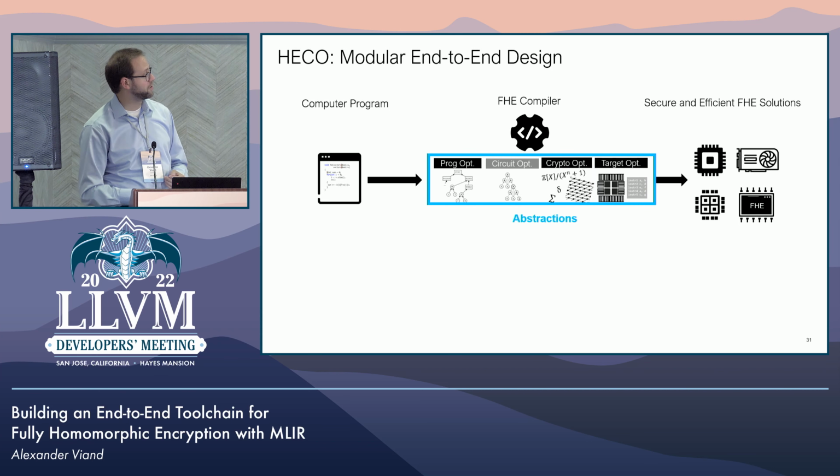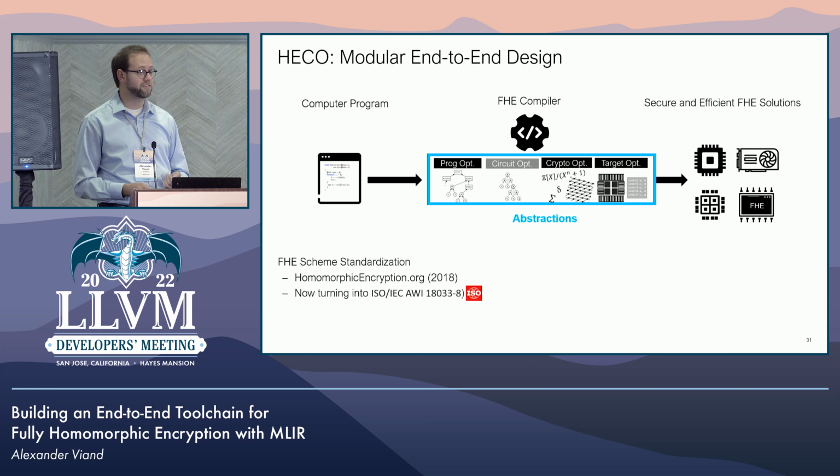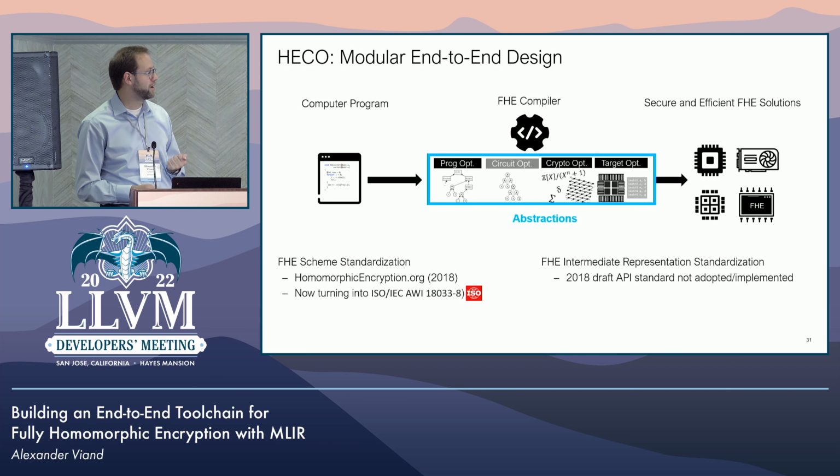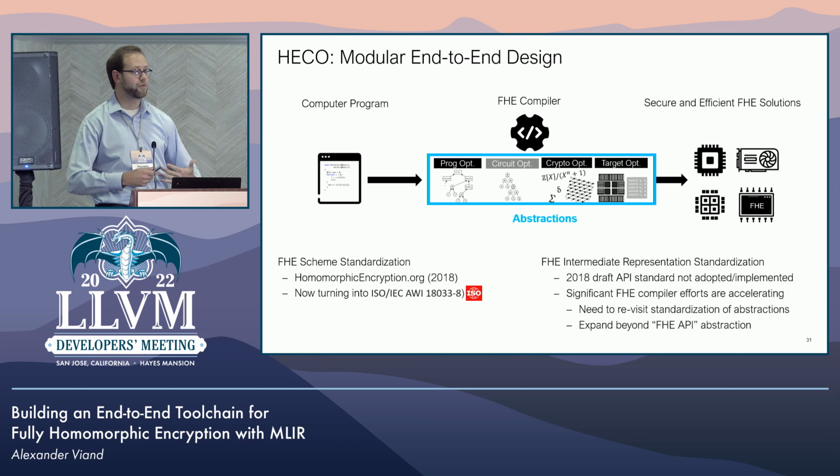Also, abstractions. The community is great at standardizing crypto, and there's an ISO standard for FHE being built. But the very, very early drafts of API standards died because they were too early. And now that we have lots of people in this field again, we want to make sure that we don't run into any of the pitfalls that this community has learned to avoid.